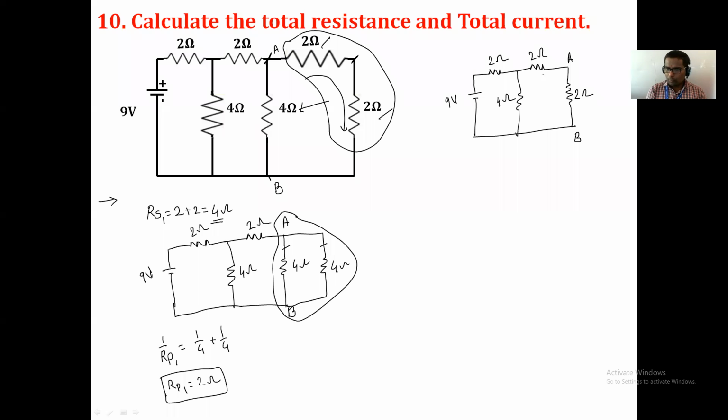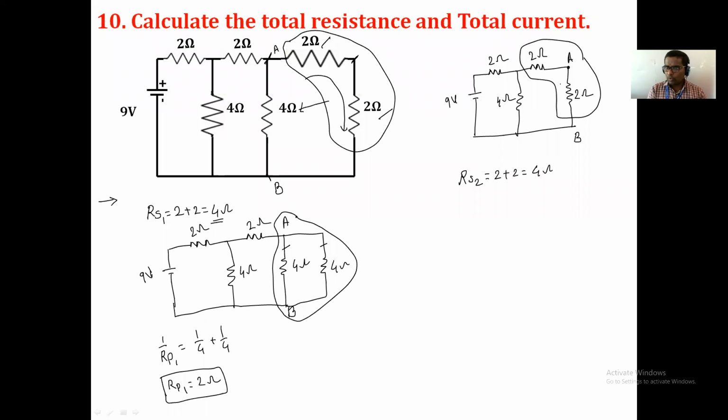Now, if you see the simplified circuit diagram, how are these 2 ohm and these 2 ohm connected? Series. Because this is a common point and this common point is not connected to any other branch. So we say that RS2 is equal to 2 plus 2, it becomes 4 ohm.